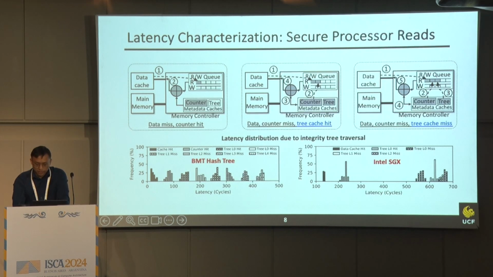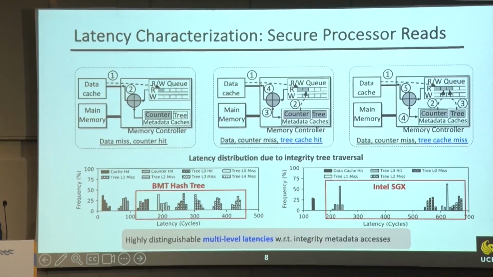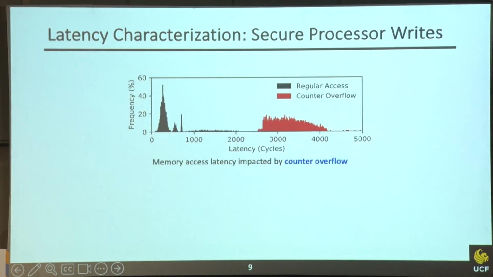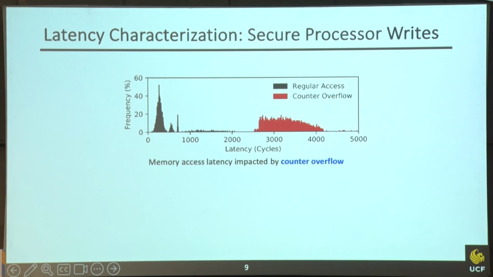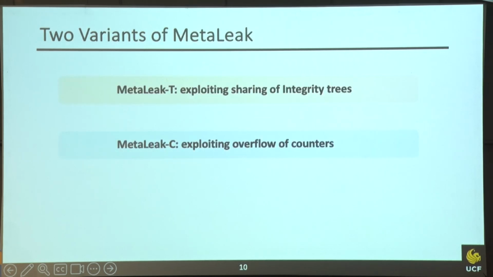And more importantly, these latencies are not exposed in classical processors. In classical side channels, the latencies are basically hit and miss for data. We also performed latency characterization for secure processors' write operations, and we see similar distinguishable latencies when there's overflow versus no overflow. Due to time limit, we will not discuss this in detail.